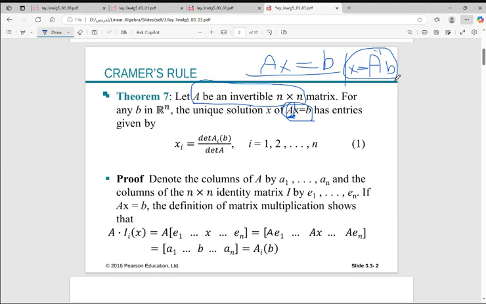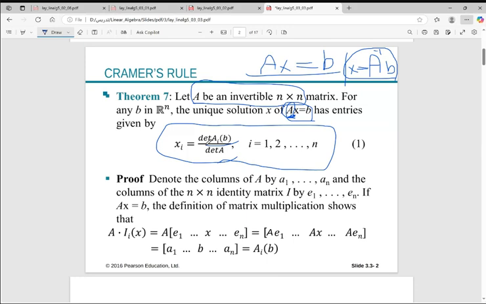Now, this theorem, theorem 7, says that this x also has this value: xi equals determinant of AiB over determinant of A. What is xi? Xi is entry i of x, right?